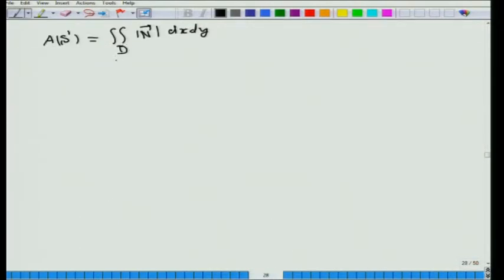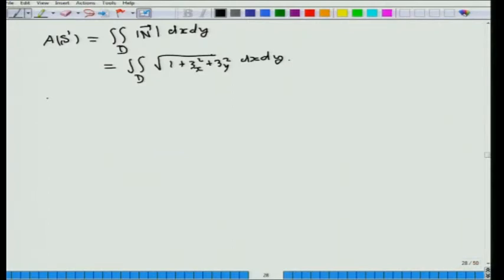And so you get this absolute value of n as square root of 1 plus z_x squared plus z_y squared, and dx dy. So, that is what we had obtained earlier also.